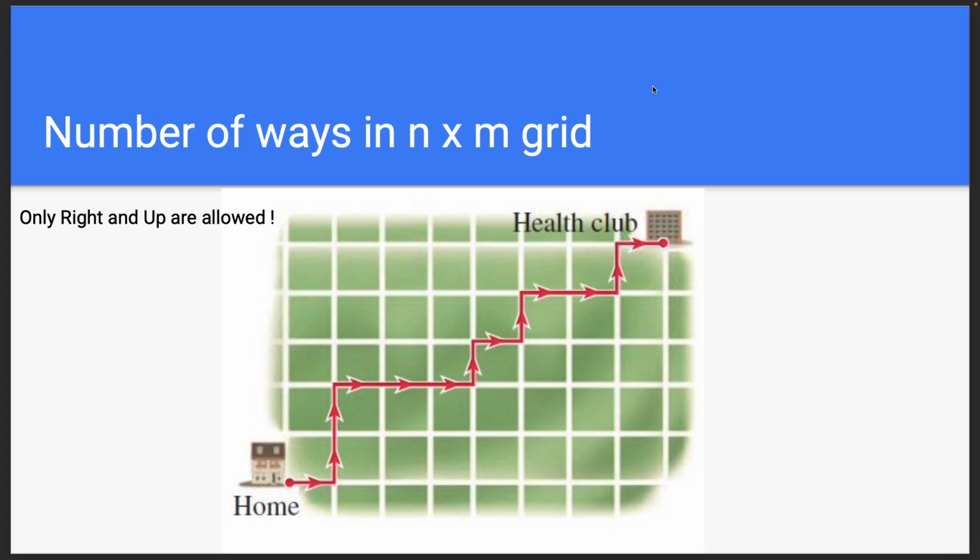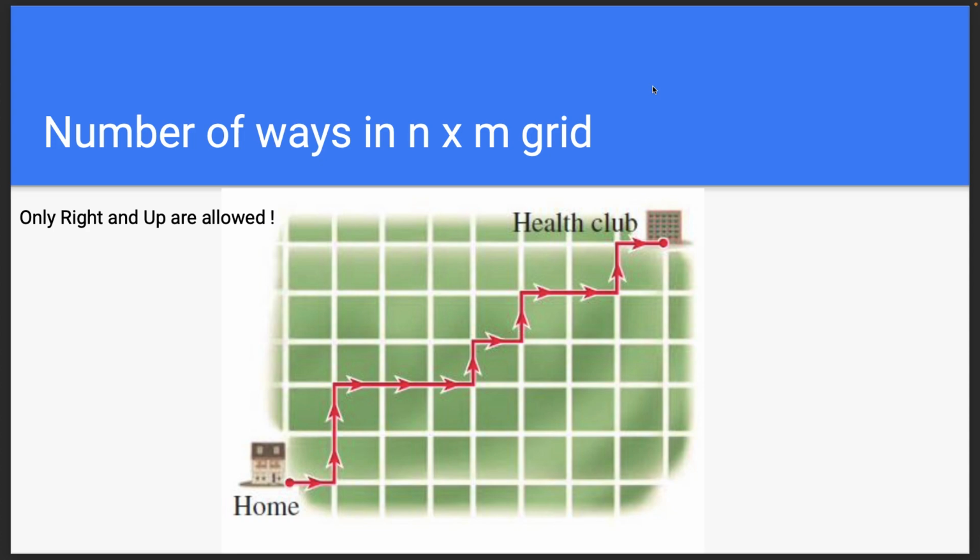And you are asked to calculate the number of valid strings that, if the robot follows that, he would be at the health club at the end from the home.